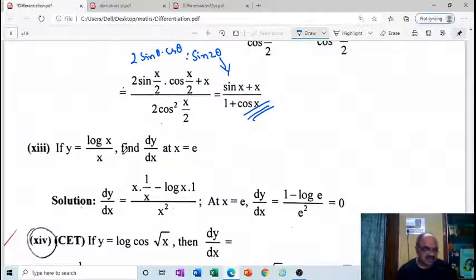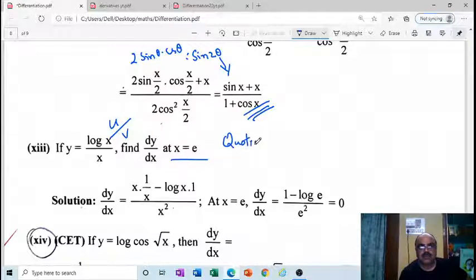If y equals log x by x, find dy by dx at x equal to e. Friends, here we use u by v method called quotient rule.